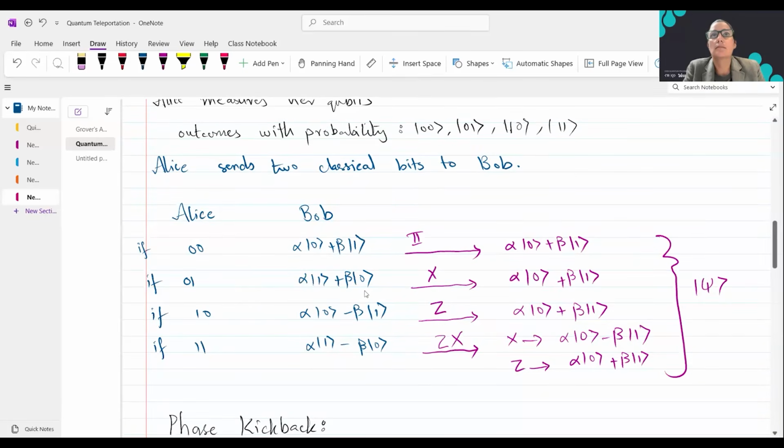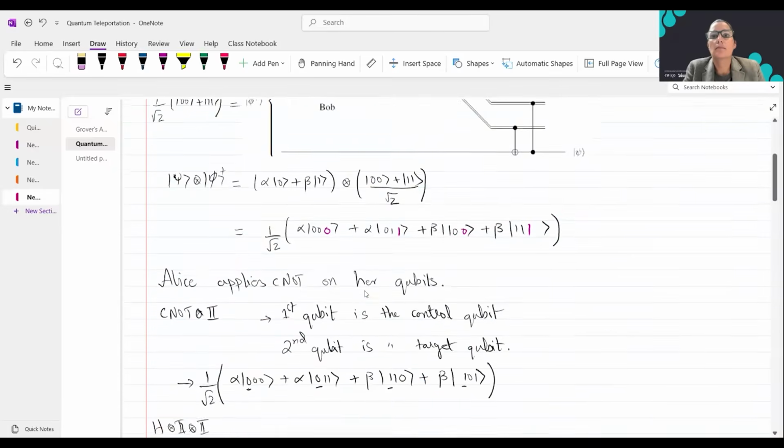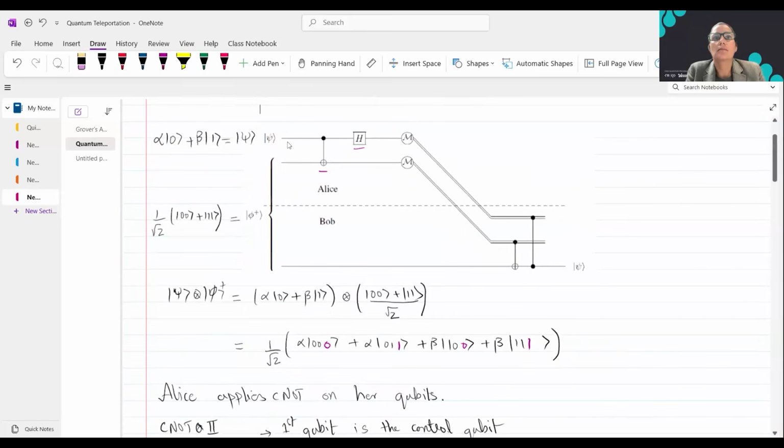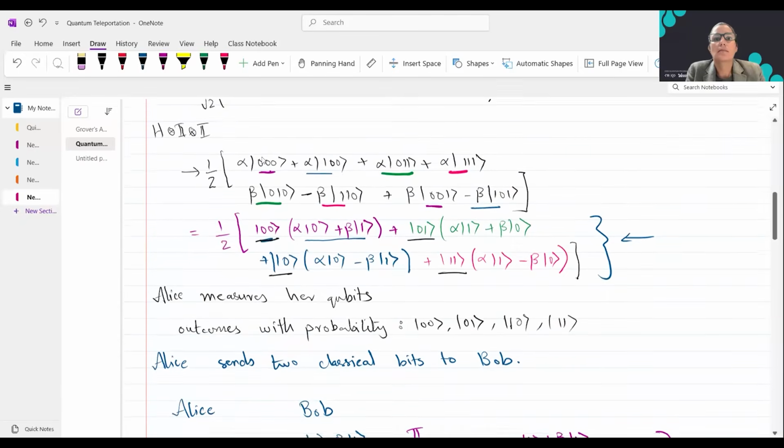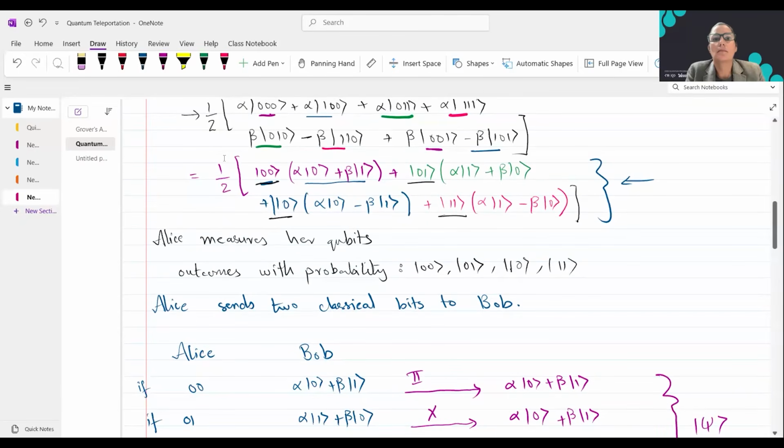So there are 2 actually interesting things that are happening. This is the state psi that Alice had, right? She applied some operations on it. And after doing those operations, the CNOT operation and Hadamard operation, Alice measures her qubits. Once she measures her qubits and her outcomes get fixed, that essentially means that Bob's state also gets fixed, right?